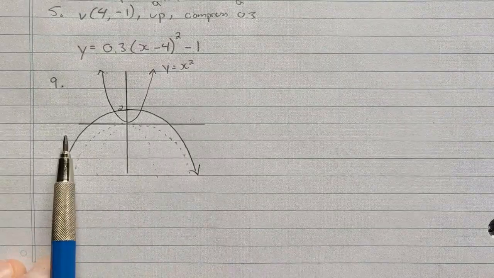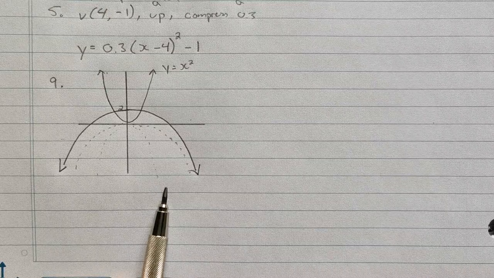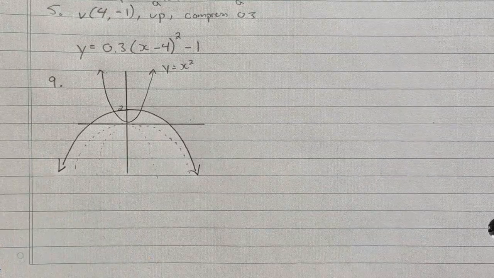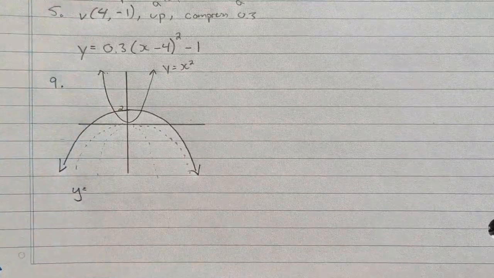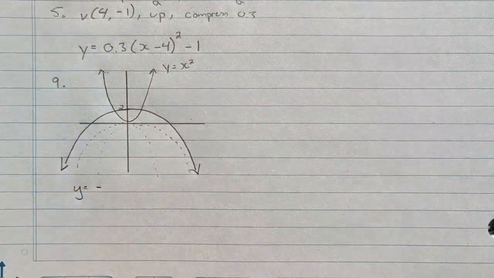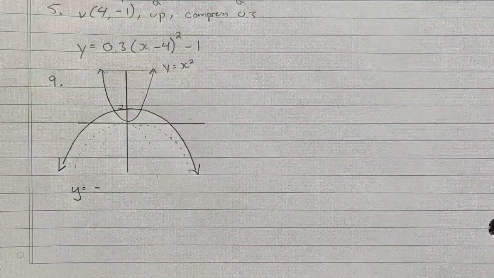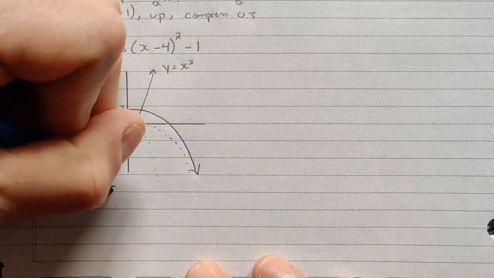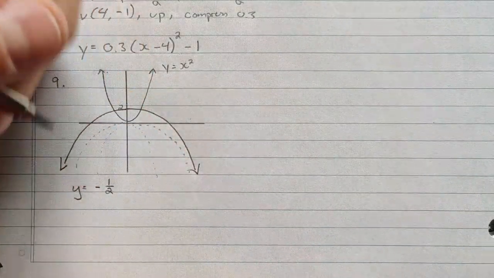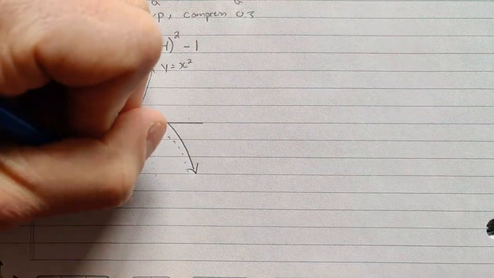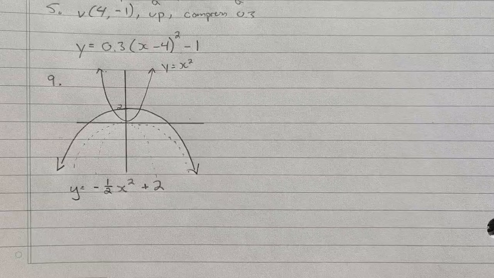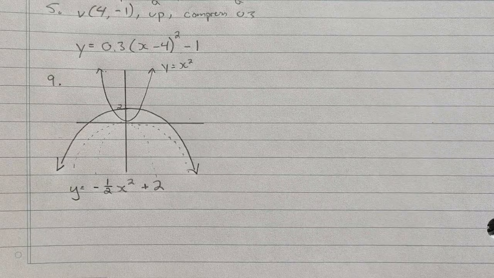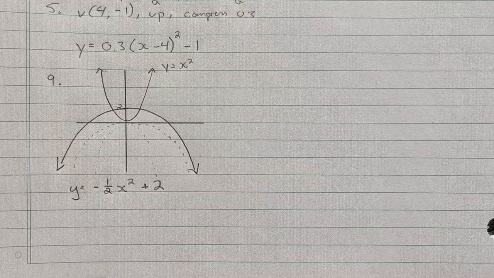So we've shown that it's wider, we've reflected it in the x-axis, and we've also shown that we've shifted it up. So that's the graph itself, and then the equation: it's downwards, so a is negative, and the factor of 1/2 is our a value, so a is negative 1/2. There's no horizontal shift, so no h value, so it's just y equals negative 1/2 x squared plus 2 to show that we've shifted it 2 units upwards. So that there is our translation of the graph and a sketch of it.